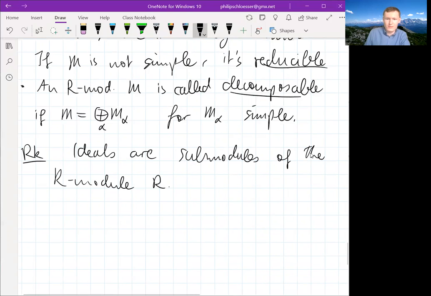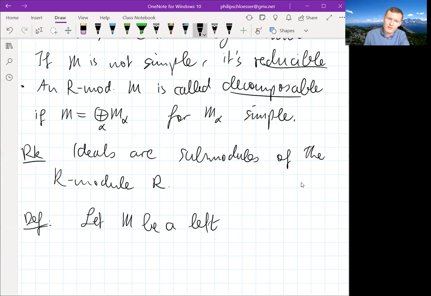And yeah, one last definition, which sort of goes back to what Srinivas, I think, asked. Let M be a left R module and N a submodule.